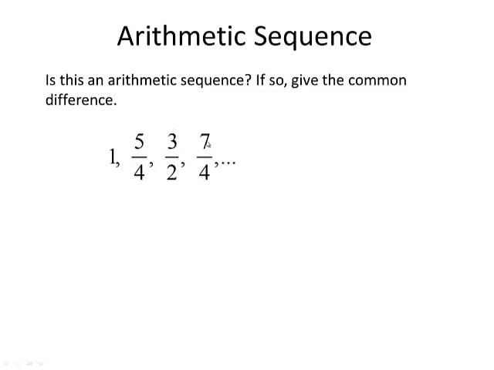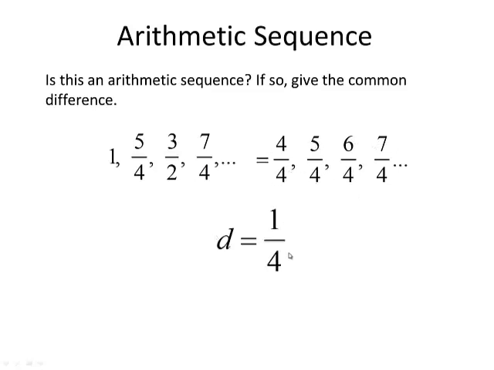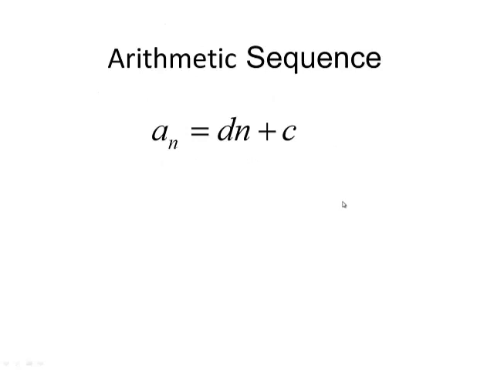You can't really know what the numerators are doing. So make the denominators the same. Get a common denominator. Now 4, 5, 6, 7. Well, 7 fourths minus 6 fourths is 1/4. 6 fourths minus 5 fourths is 1/4. And 5 fourths minus 4 fourths is 1/4. So the common difference is 1/4, and it is an arithmetic sequence.